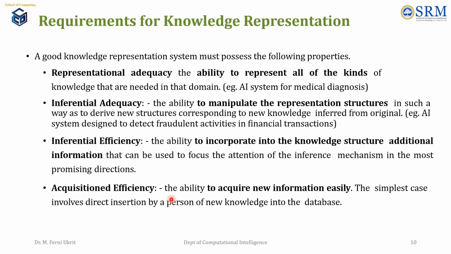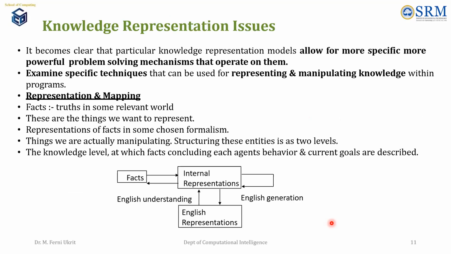Acquisition efficiency is the ability to acquire new information. Knowledge will have previous experiences, and what the system is currently doing, and future new information will also be updated into the database.